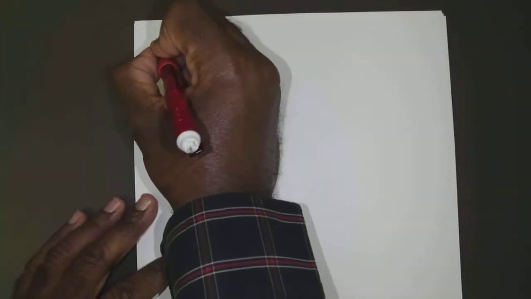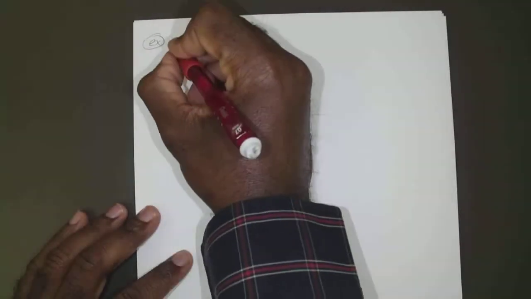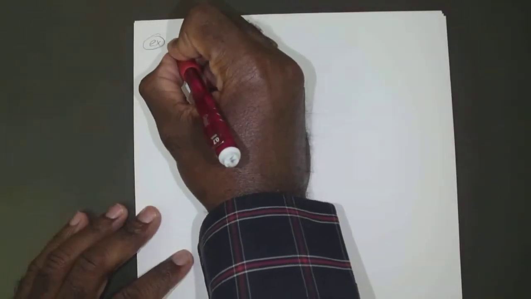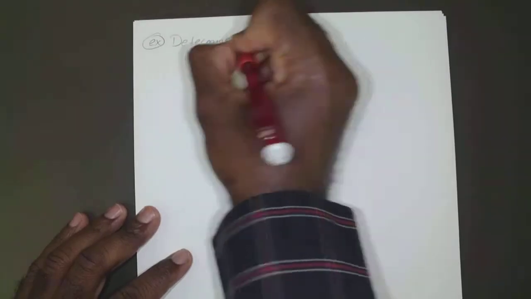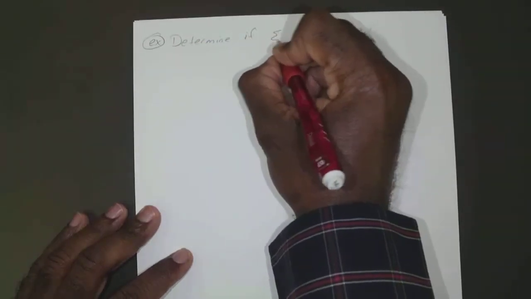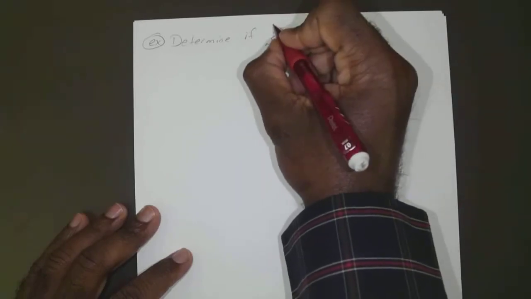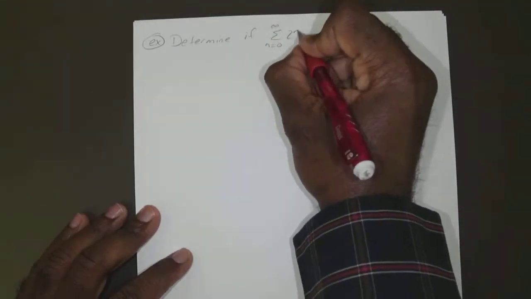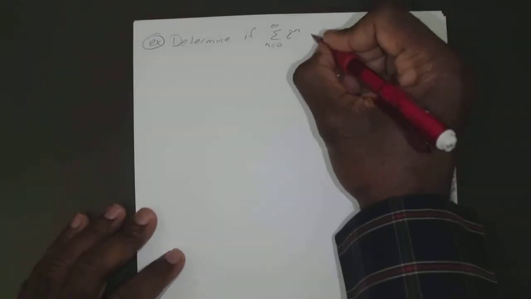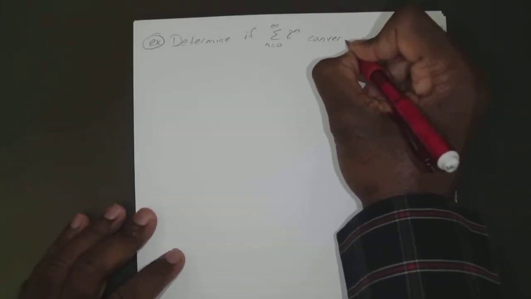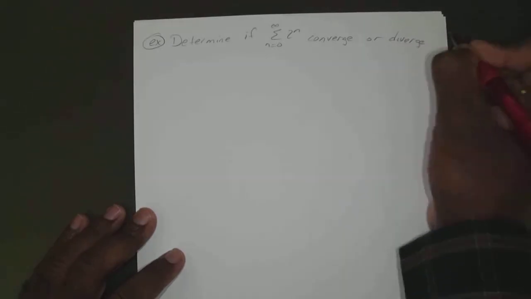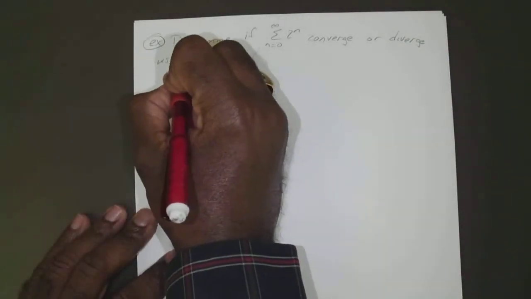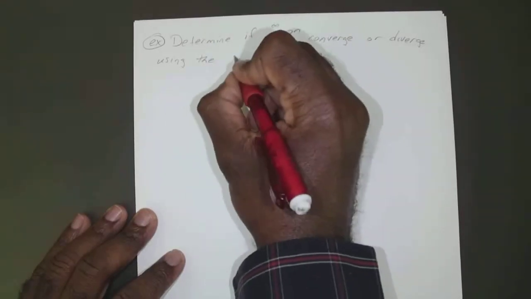All right, so let's say, for example, if we want to determine if the sum from n equals 0 to infinity of 2 to the power of n converges or diverges using the test for divergence.